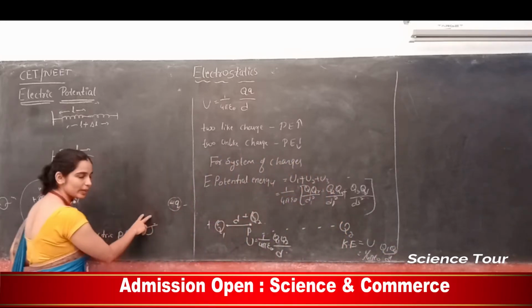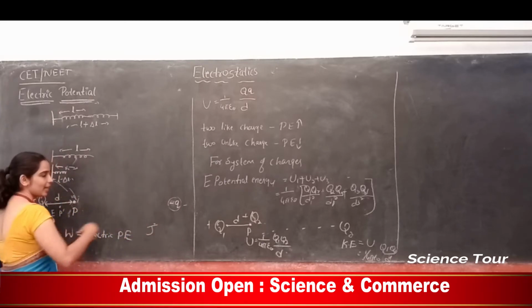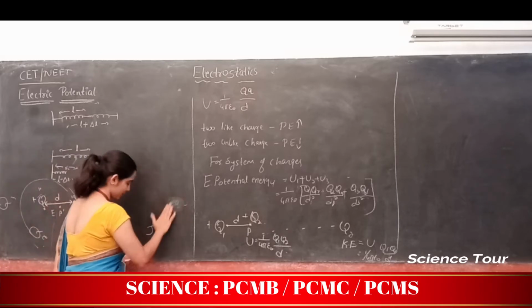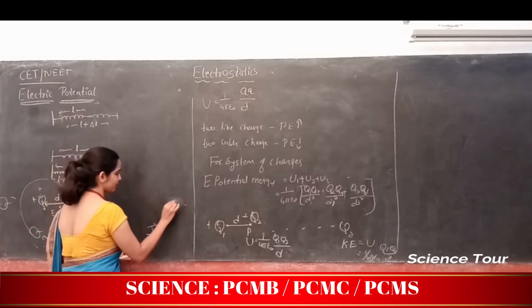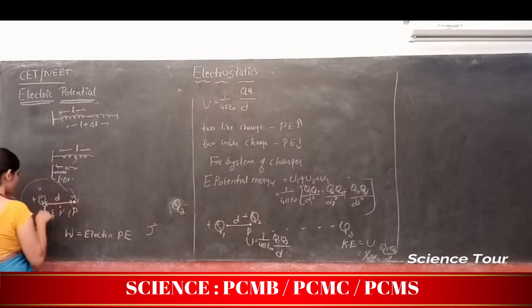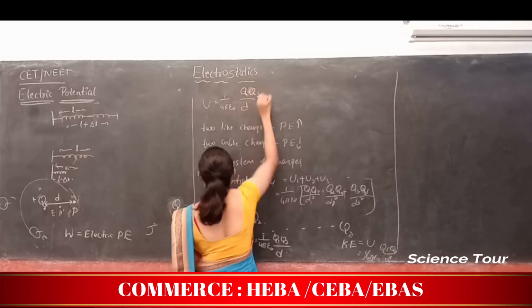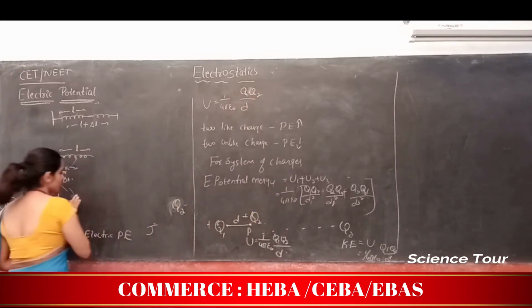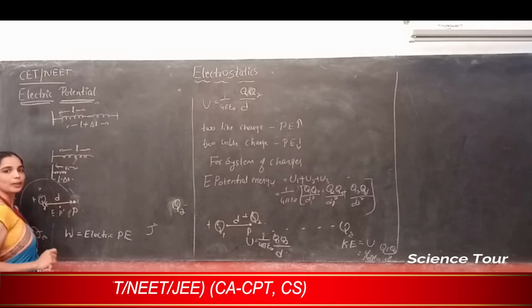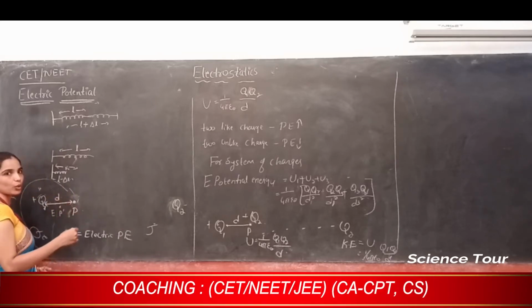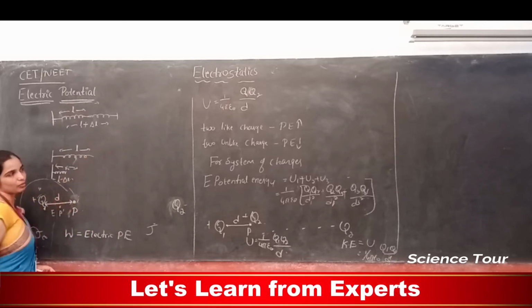There was one charge already, and you brought another charge to the position P. You have to do some work on it, and that work will be stored as energy. So at P the potential energy will be 1 by 4 pi epsilon naught Q1 Q2 divided by D.